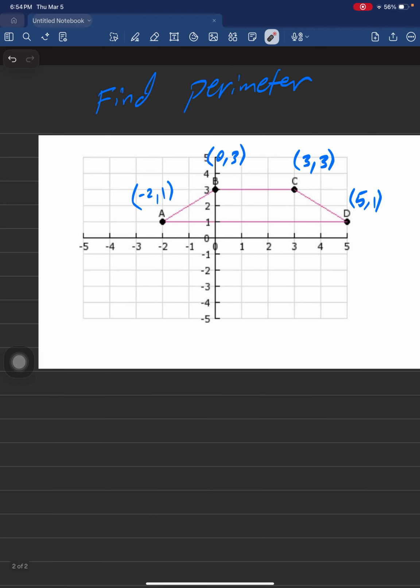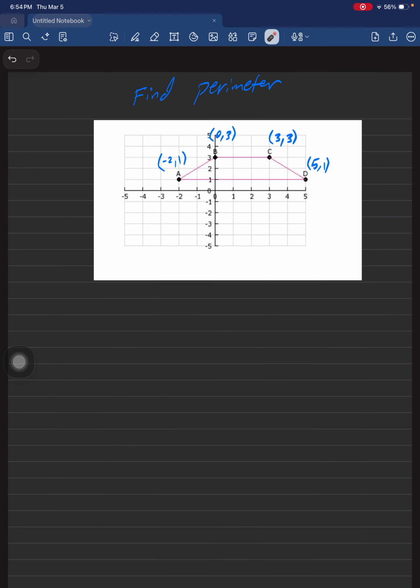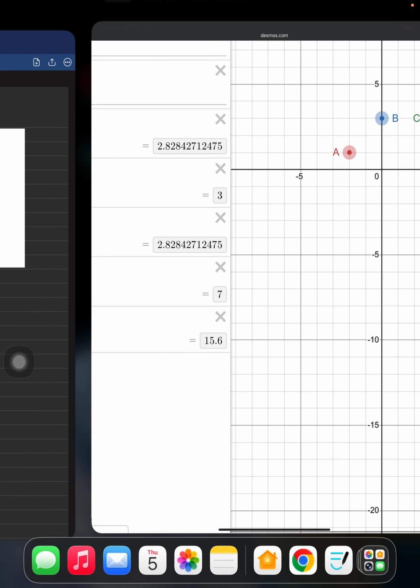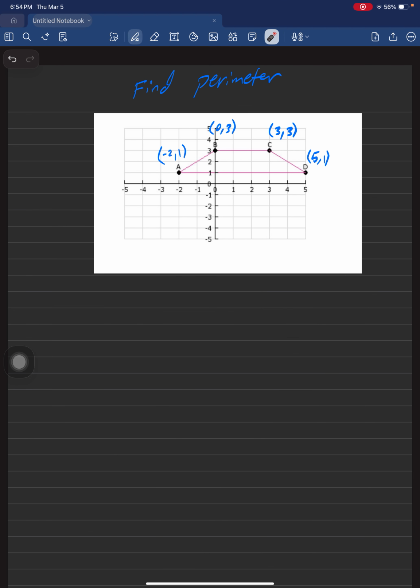So in this case, using DESMOS, the perimeter, which is AB, BC, CD, and DA, is 15.6. So the perimeter is 15.6.